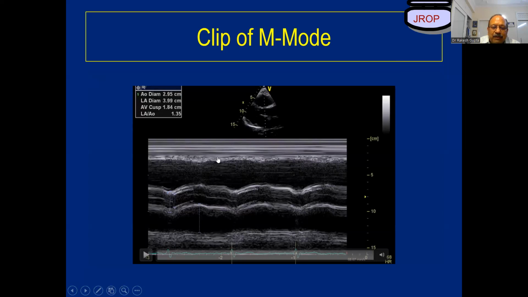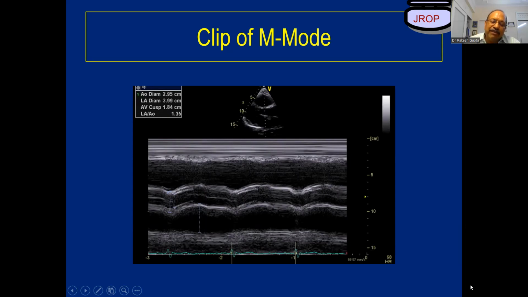Then comes anterior aortic root. Then comes posterior aortic root. And in between, there are two cusps lying, right coronary cusp and non-coronary cusp. And behind the posterior aortic root, there is a LA.